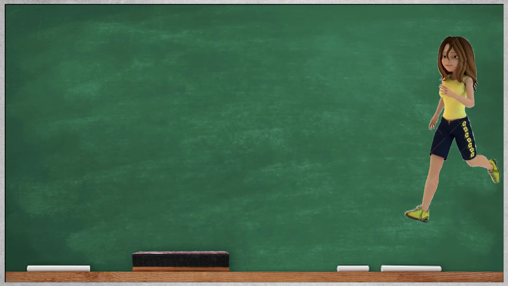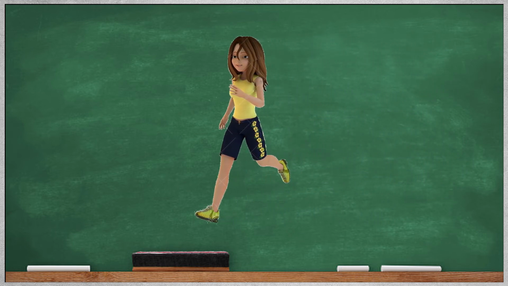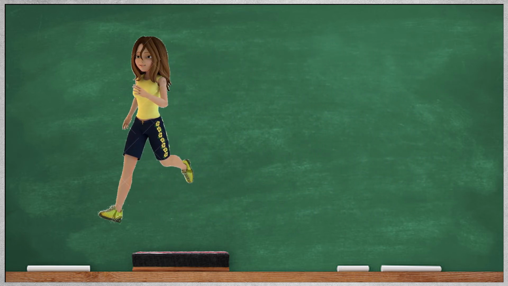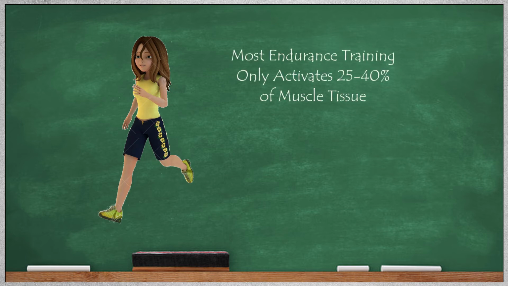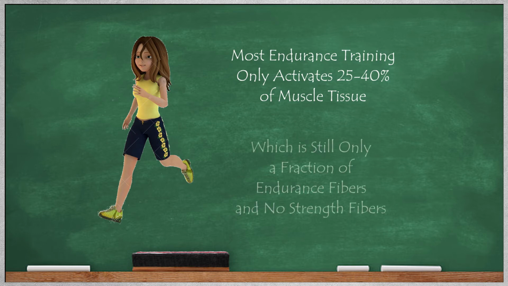As we move up the intensity totem pole from moving more or non-exercise physical activity to endurance training, there is a corresponding need for the body to activate more muscle tissue. Slow to medium paced running activates approximately 25 to 40% of muscle tissue, with the remaining tissue inactivated and untrained.